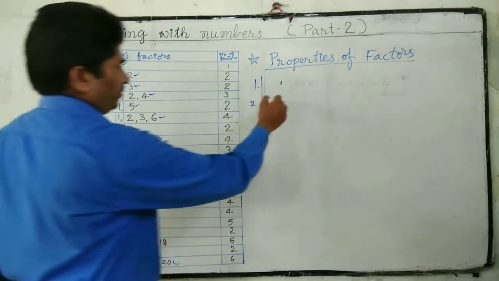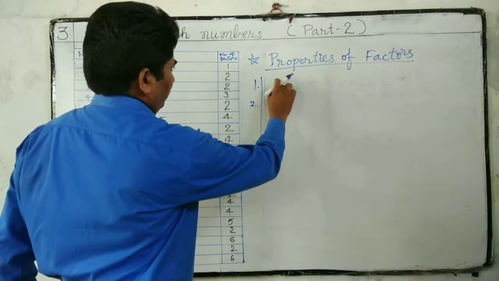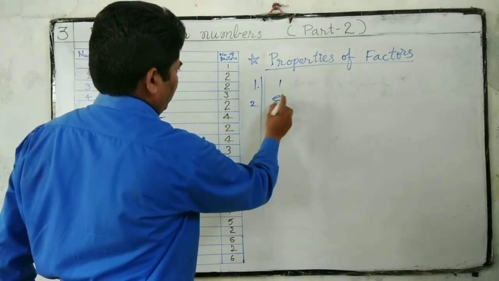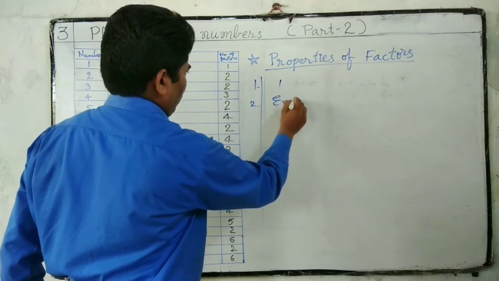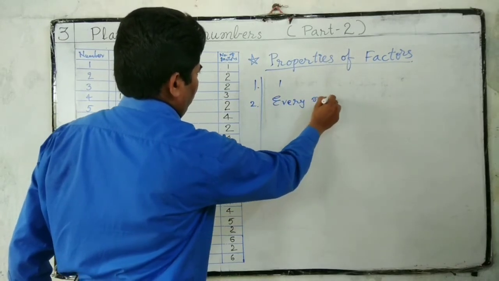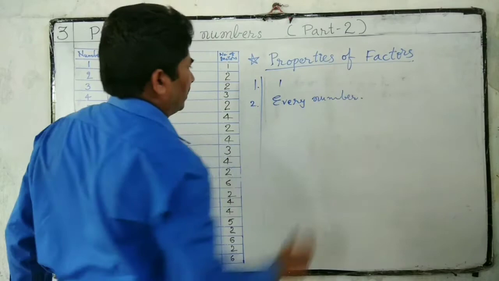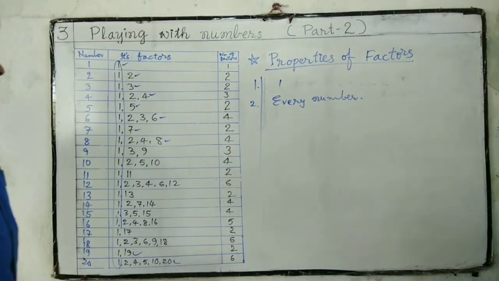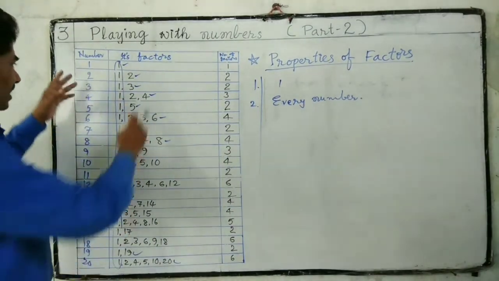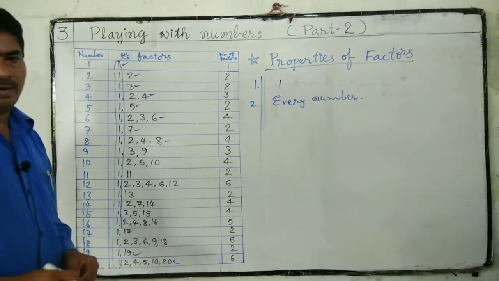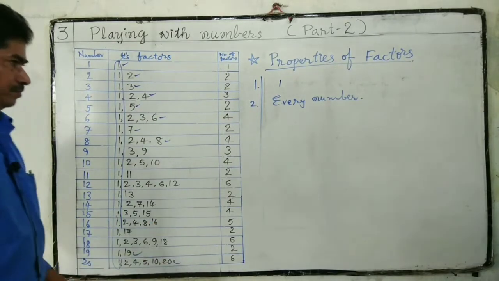So every number is a factor of itself. And also it is the largest factor of that number. This is the largest one.